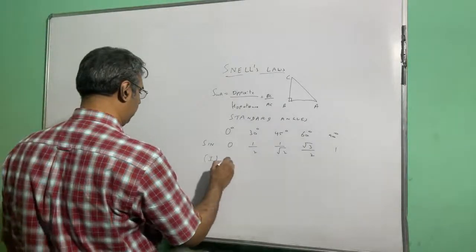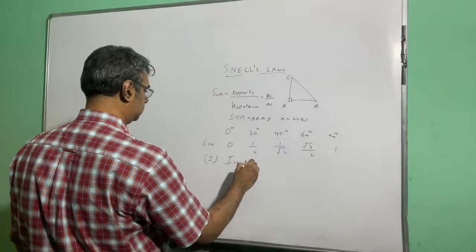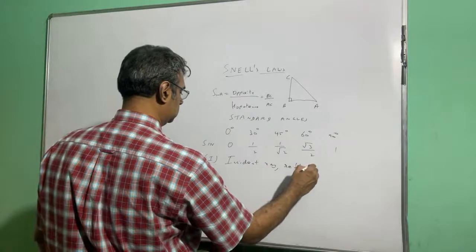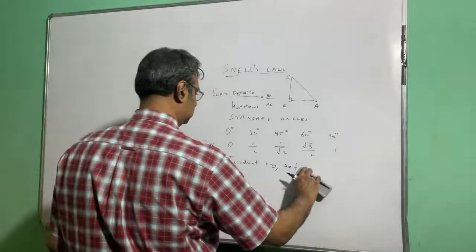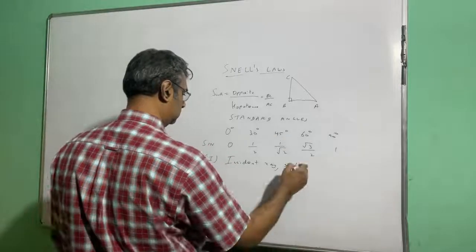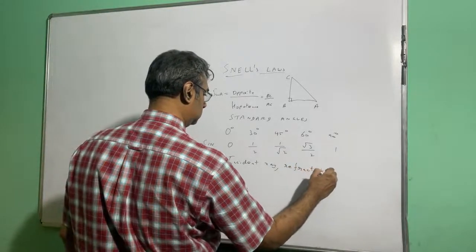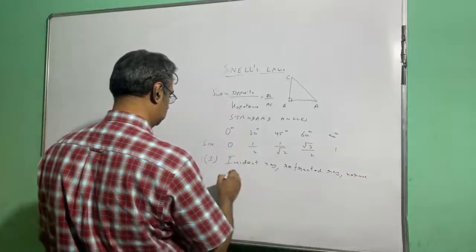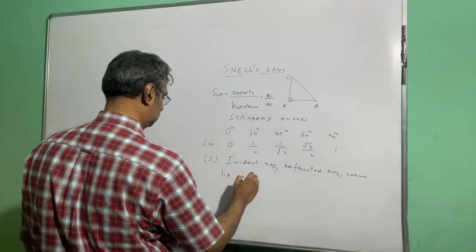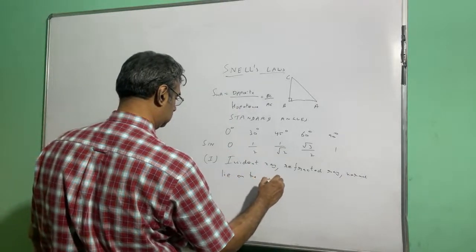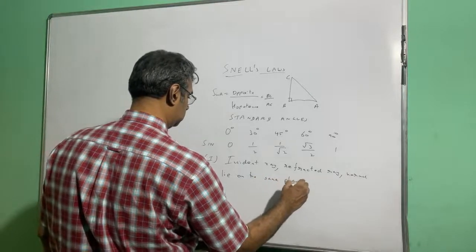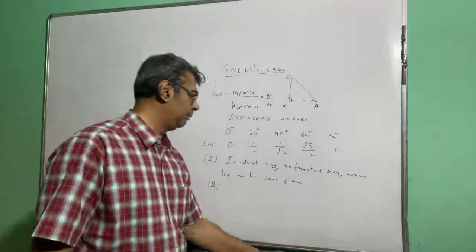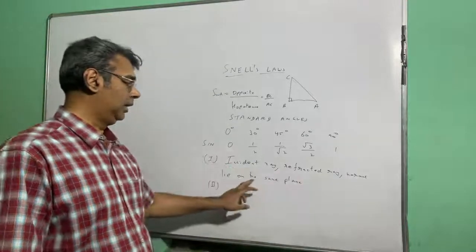The law number 1: incident ray, refracted ray and normal lie on the same plane.